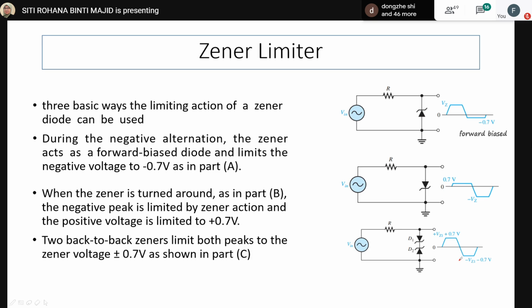For example here, we refer to the first Zener voltage: at the positive waveform it will clip at VZ1, and at the negative waveform it will clip the voltage using this orientation.